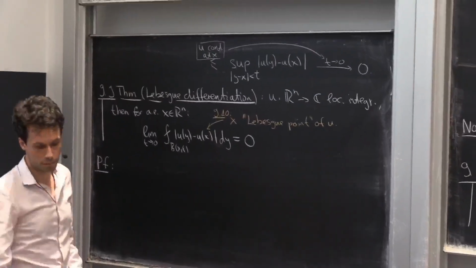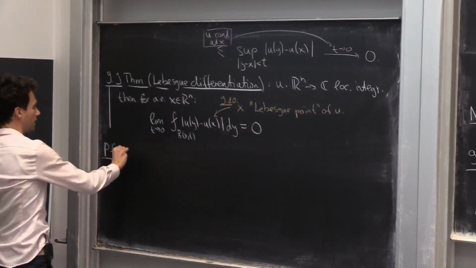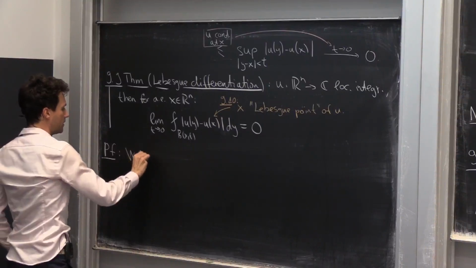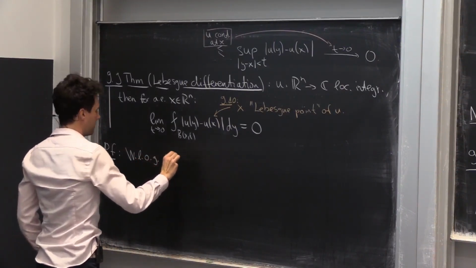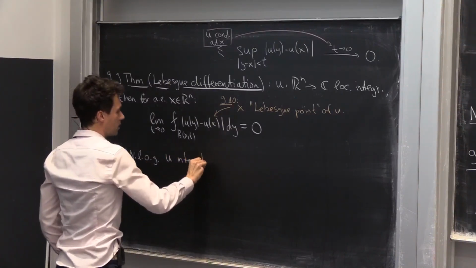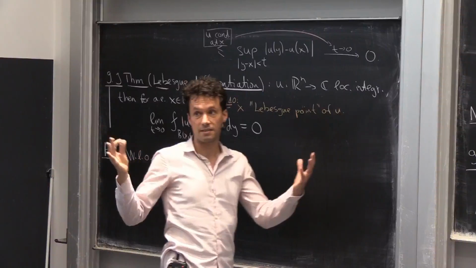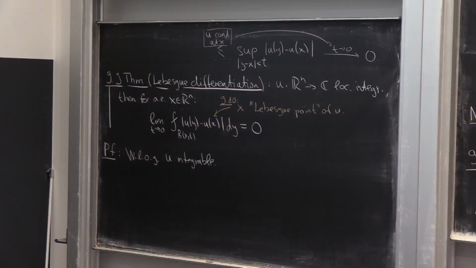The proof is not complicated, but it uses one argument that hopefully is convincing for you. I claim that without loss of generality, I can assume that u is integrable. The reason is that this is a local claim I'm trying to prove. I position myself somewhere in space, and then I want to look at averages on small scale.